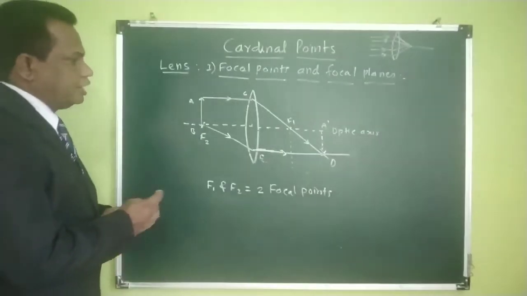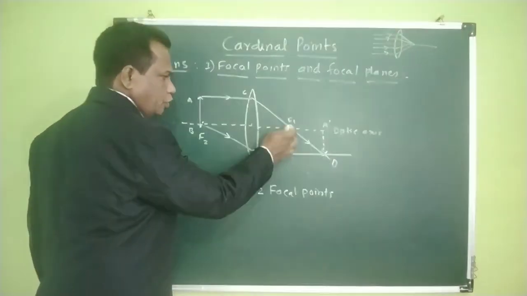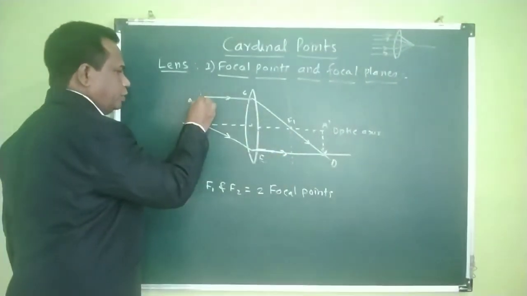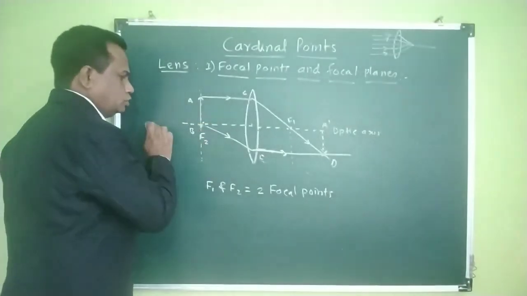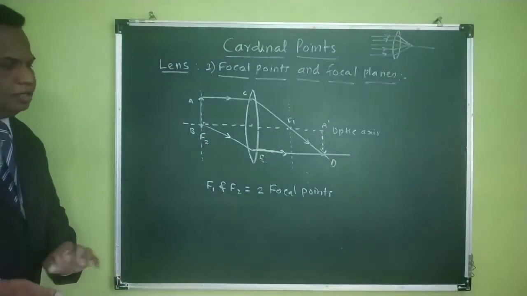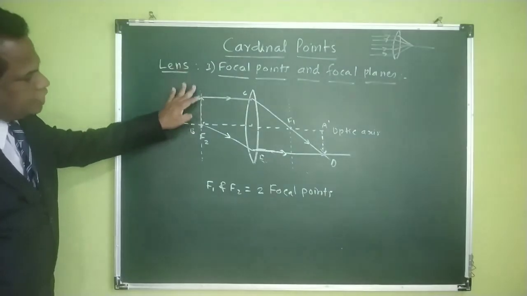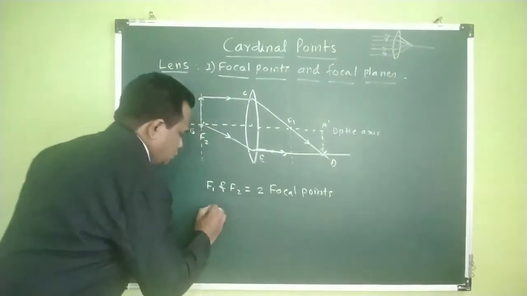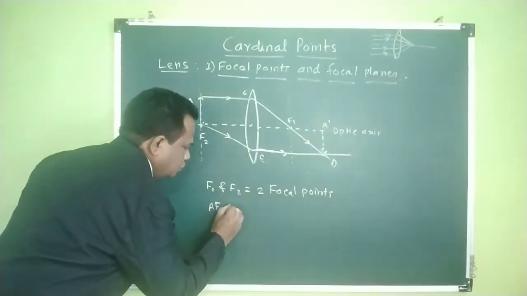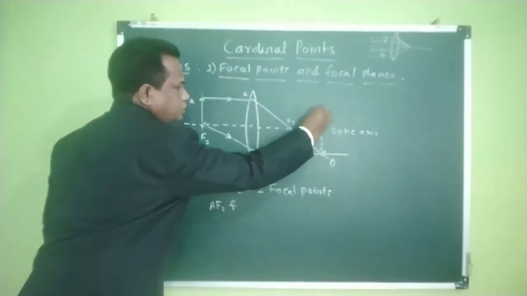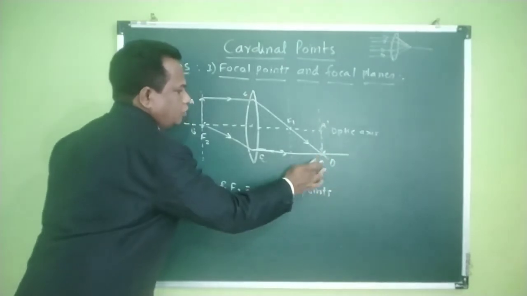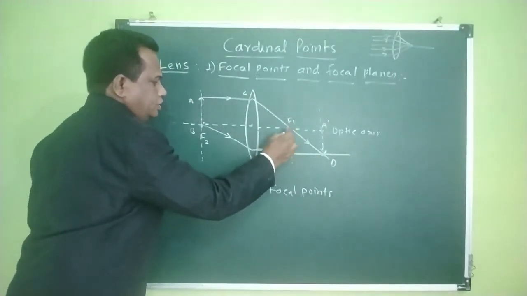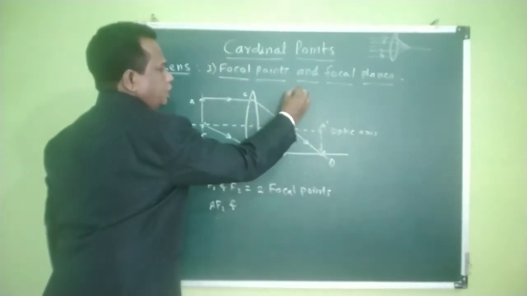Now at the cardinal points, if we draw a perpendicular line to this optic axis, then AF2 will serve as a focal plane. I will write here AF2, and this other line I will name F1 dash.